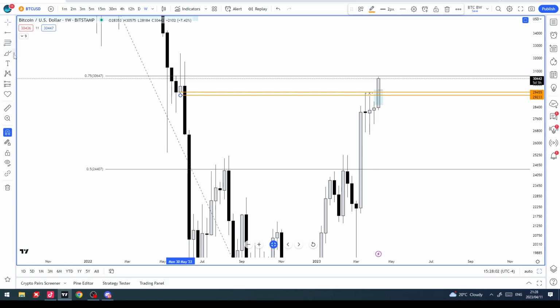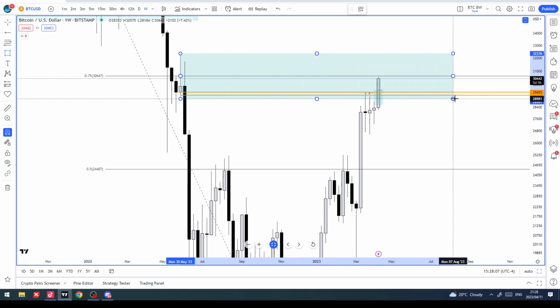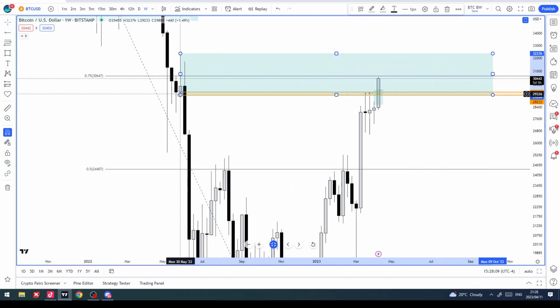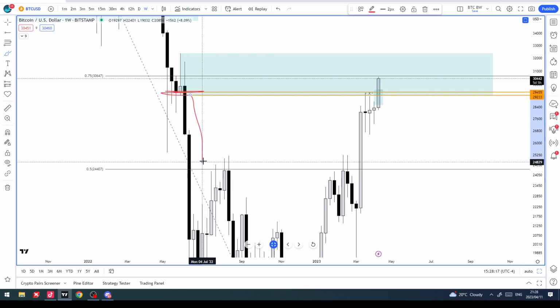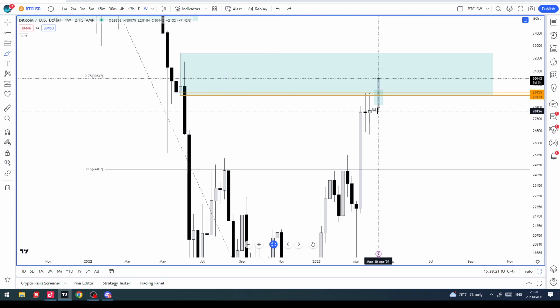Now this entire zone here is an order block, right? I took the opening of the order block because if you think about it, from this point here downward, like I said, was only running on sell side. They need to print a weekly candle that fills in this space here from 29.5 going down.